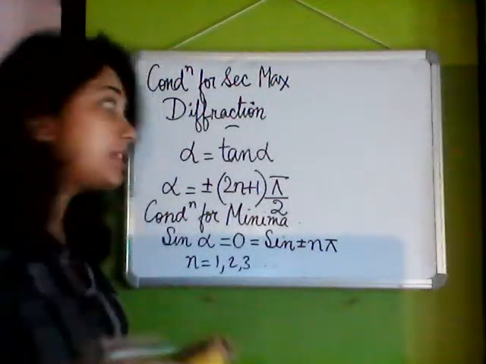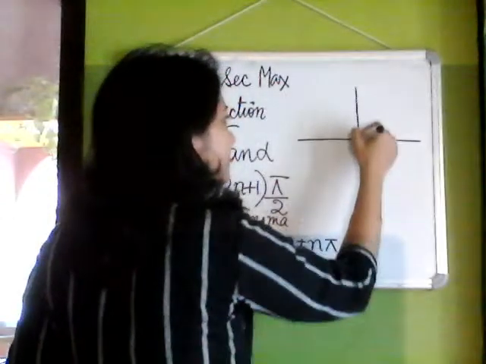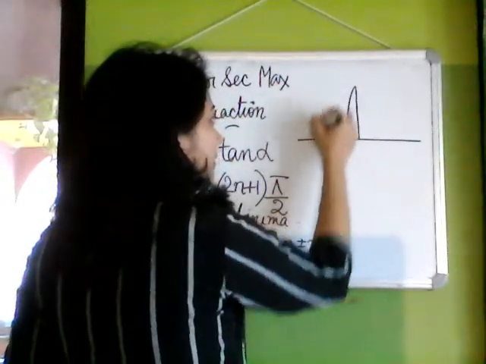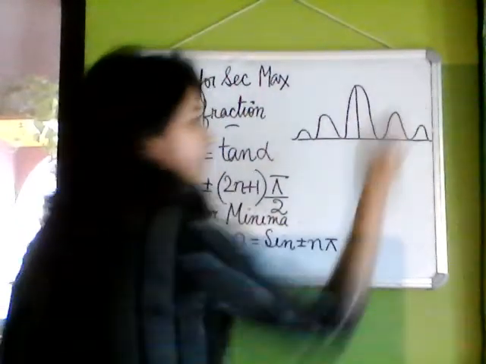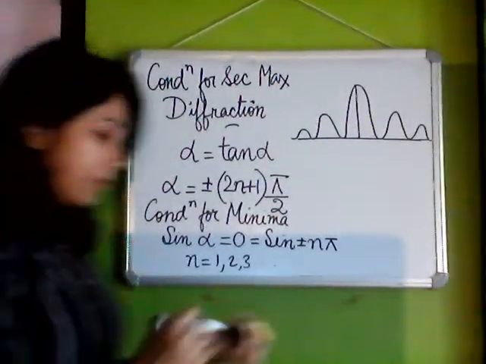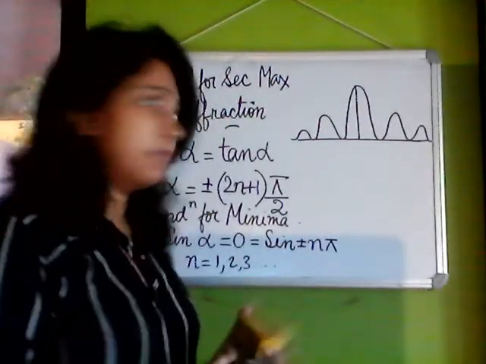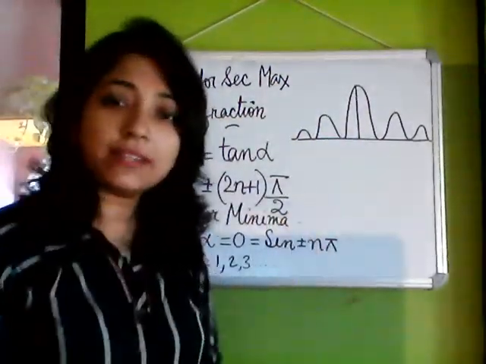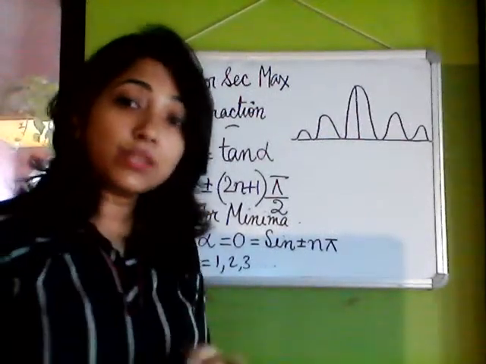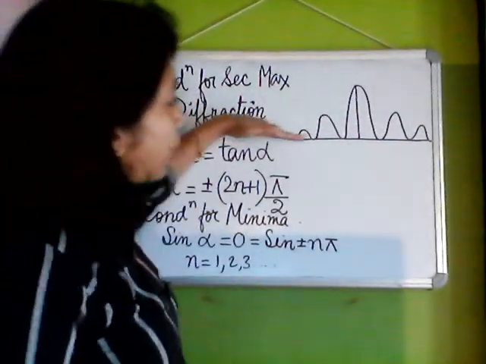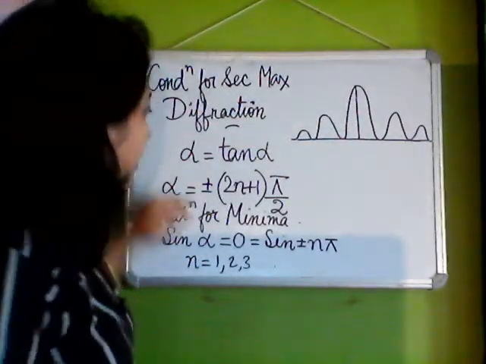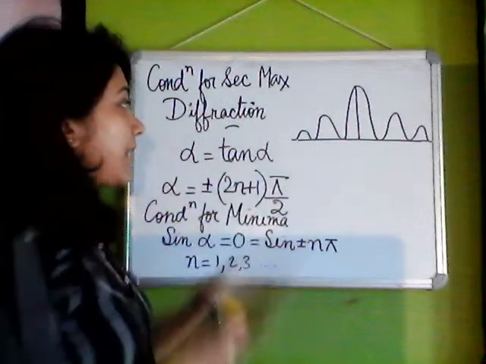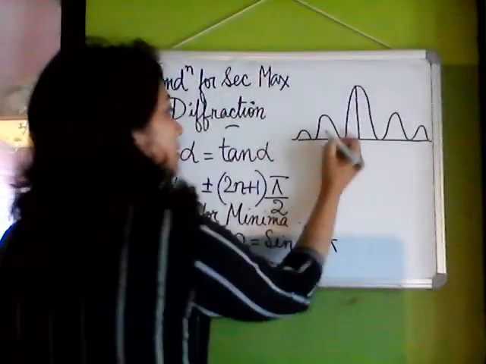And we had plotted the intensity distribution something like this. Correct? So when you are going to draw this kind of figure, maybe in your examination, what are the things that you have to remember? If you are plotting alpha along the x-axis, what are the values of alpha at which I am going to plot the maximas?